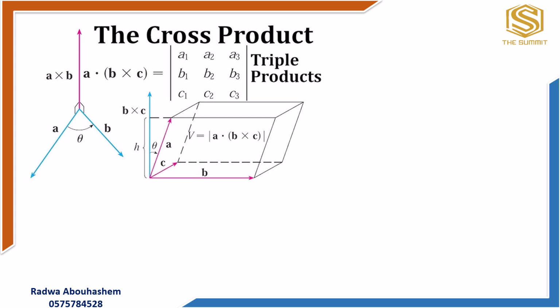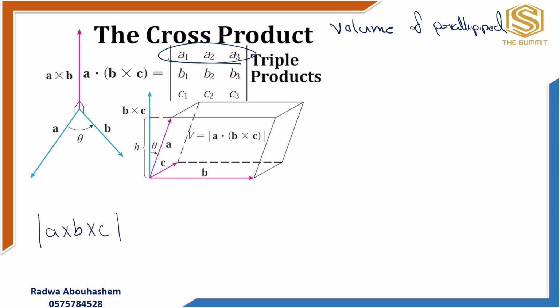Here's the final application on vectors: how to get the volume of the parallelepiped. We just use the same method that we used before, but we're going to multiply the first row by the determinant. So let me show you how we can do it. And of course, this is an absolute value.